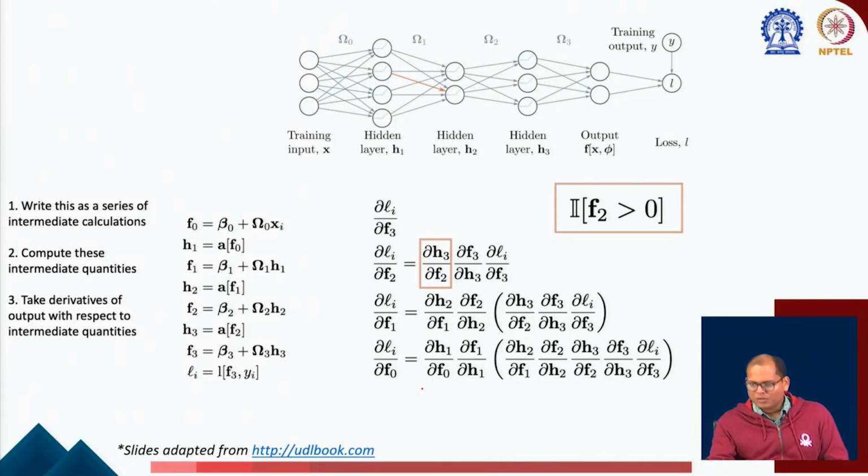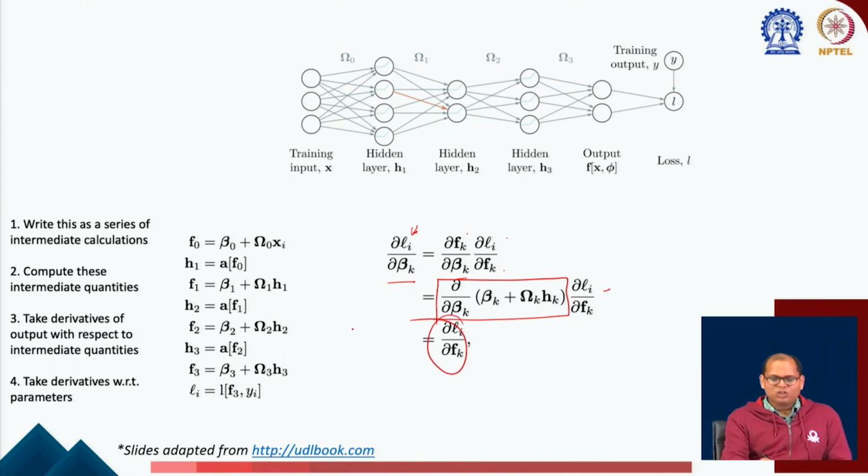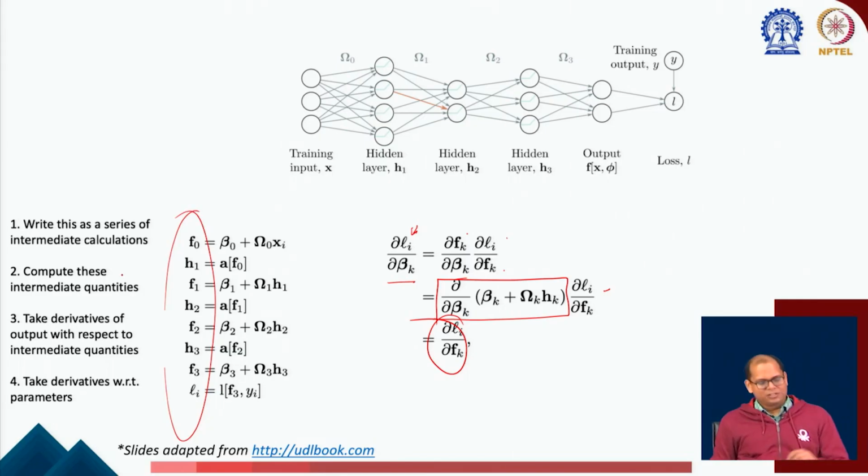So F2 greater than 0. Right. So dou H3 over dou F2, because H3 is nothing but ReLU of F2, this derivative will be the indicator function of F2 greater than 0. Now if we use these ideas together, then the derivative of the loss with respect to beta k will be dou Fk over dou beta k times dou Li over dou Fk, and this we have seen is nothing but the identity matrix multiplied with dou Li over dou Fk, which you will anyway compute in the series of computation.